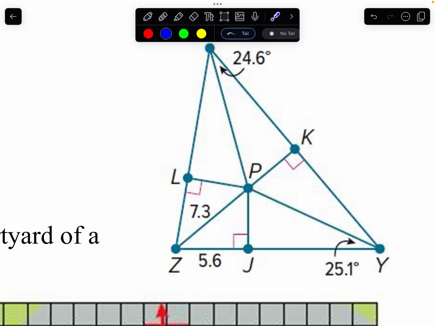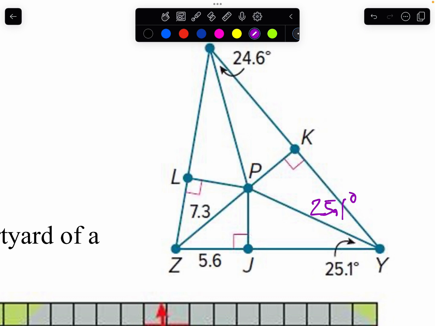Well, that tells me KYP is also 25.1 degrees.